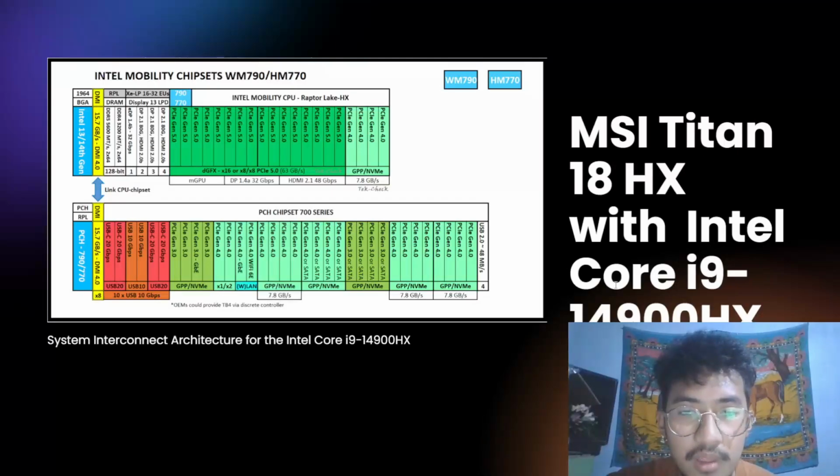If you look at the green bars, you'll see the 16 lanes of PCIe generation 5.0. This is a superhighway that connects the CPU directly to the discrete graphics, DGFX, which in our case is the NVIDIA RTX 4090. This bypasses everything else for maximum speed.